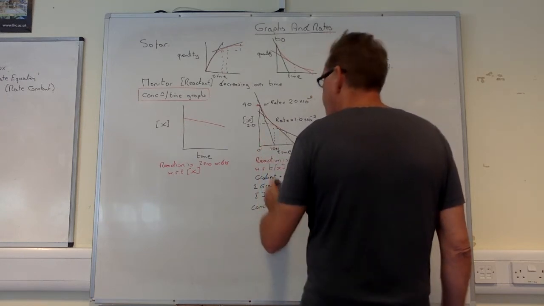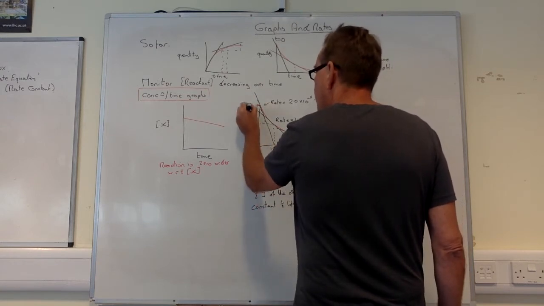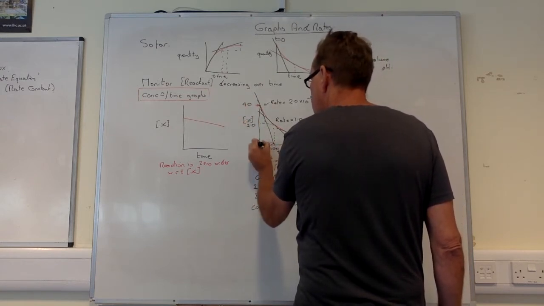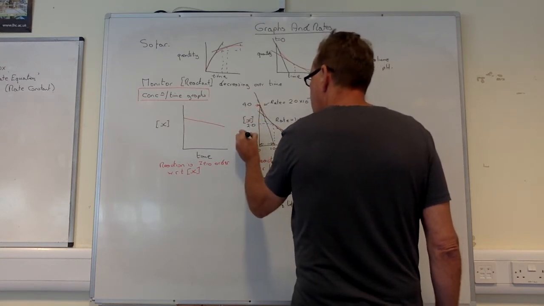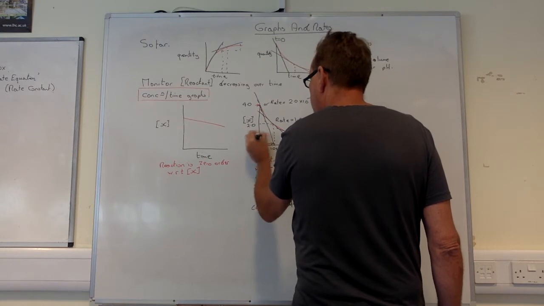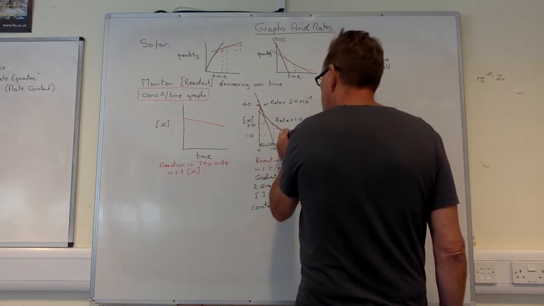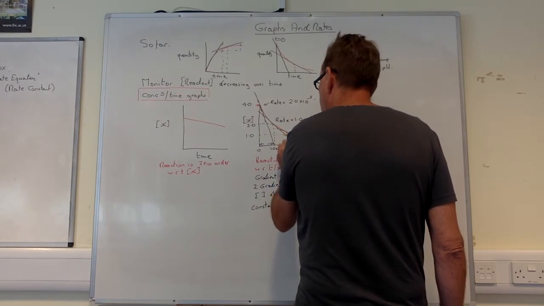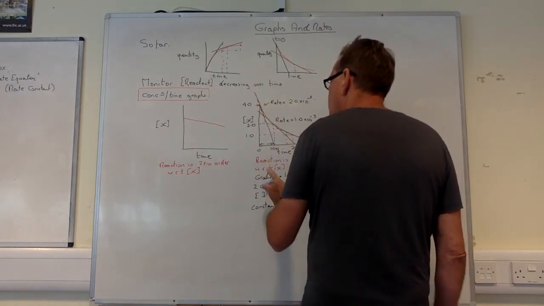Okay? Then 10 seconds to go from 4 to 2. That distance, 10 seconds. Then you go down by half again, 2 to 1. You go along to 1. You go to the line. You go down. Now, if that is a first order shape, the half-life is constant.